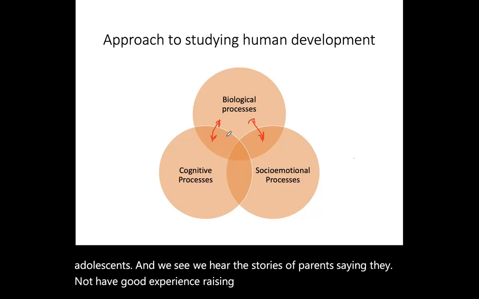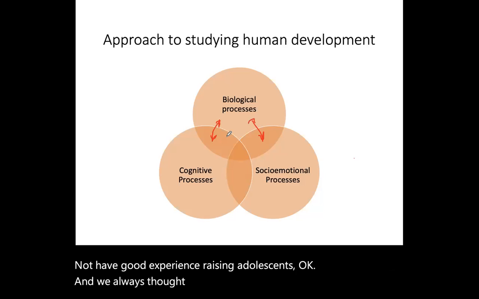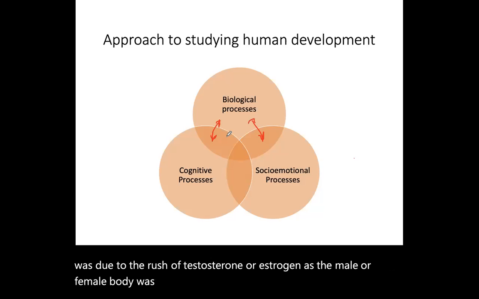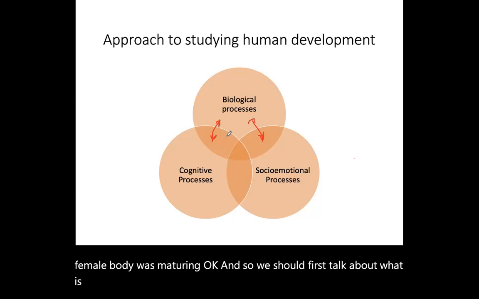Okay. And we always thought that this was due to hormonal changes, that it was due to the rush of testosterone or estrogen as the male or female body was maturing physically. Okay. And so we should first talk about what is puberty.